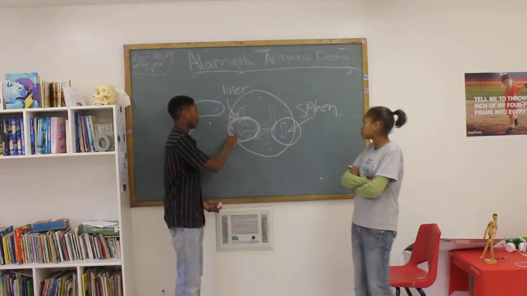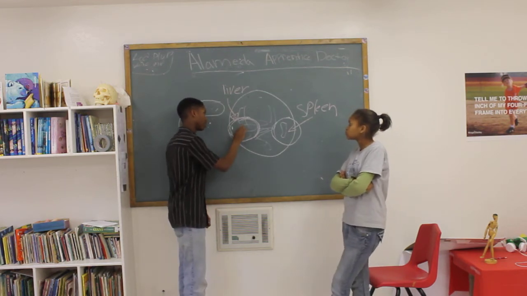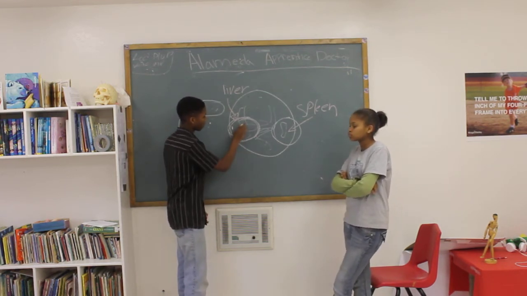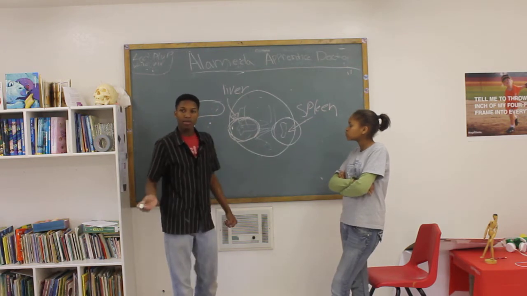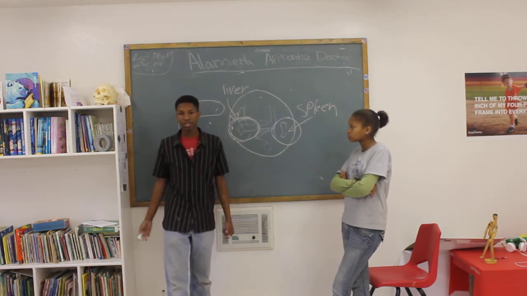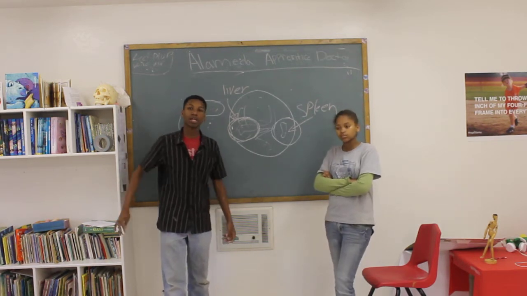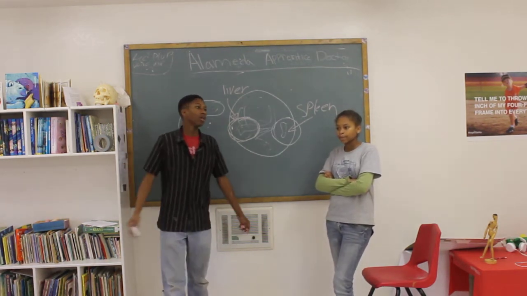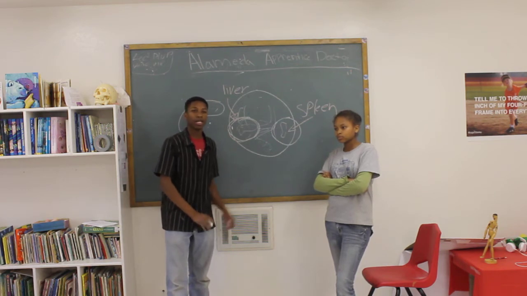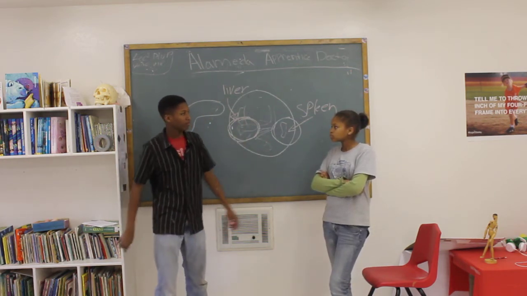What the liver does is it's given bile from the gallbladder, which is right behind it. Basically it cleans out the body's blood system. Things get clumped together, poisons get through the body, and the liver takes them out.